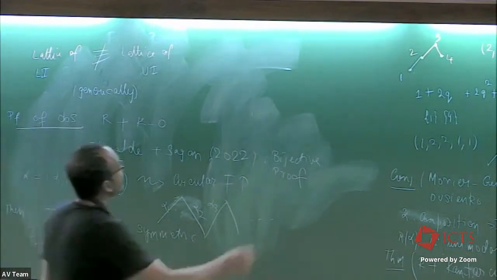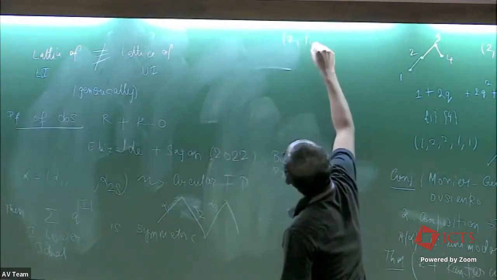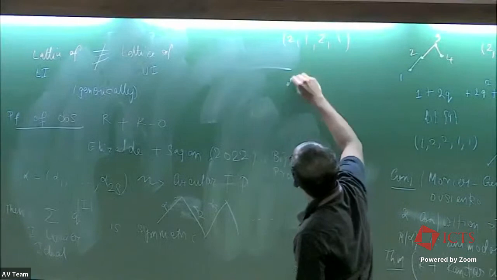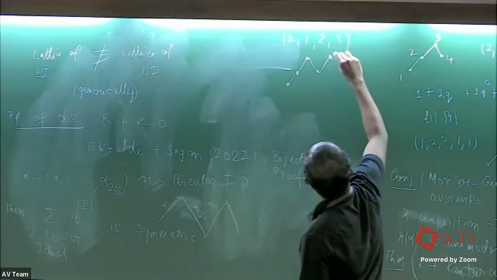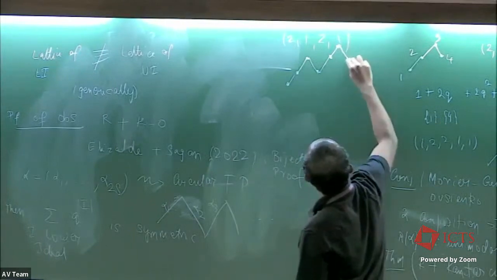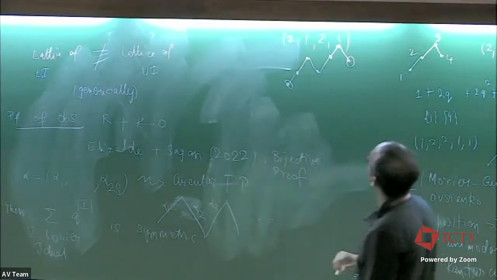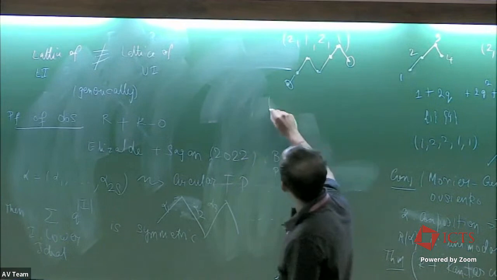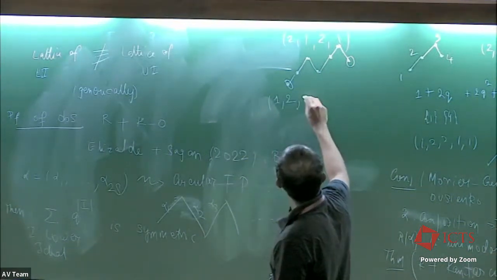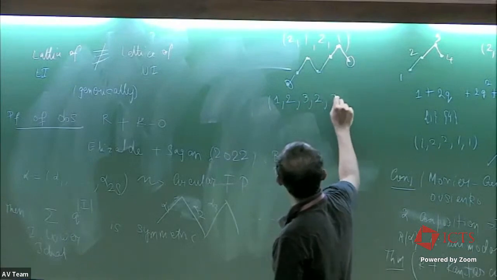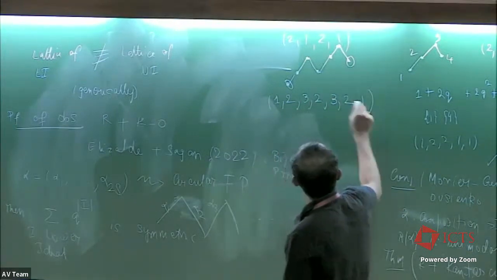So to give an example, if you look at this thing, if I'm not mistaken, then the rank sequence turns out to be 1, 2, 3, 2, 3, 2, 1.